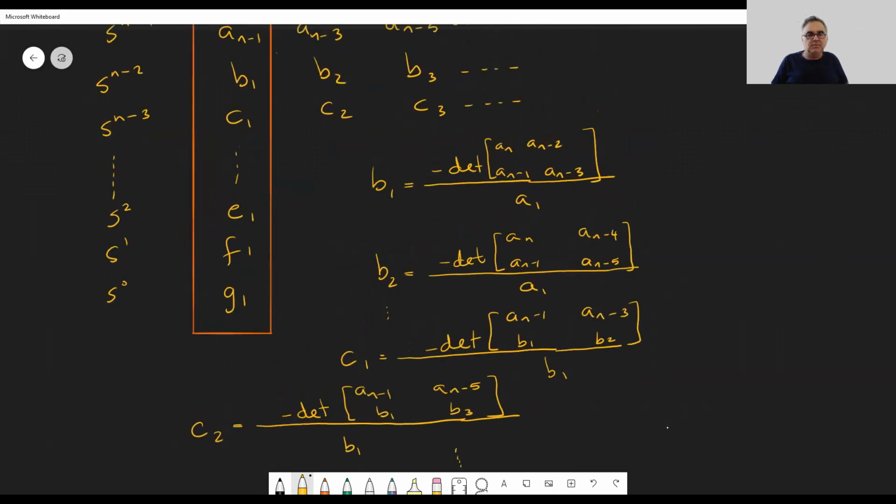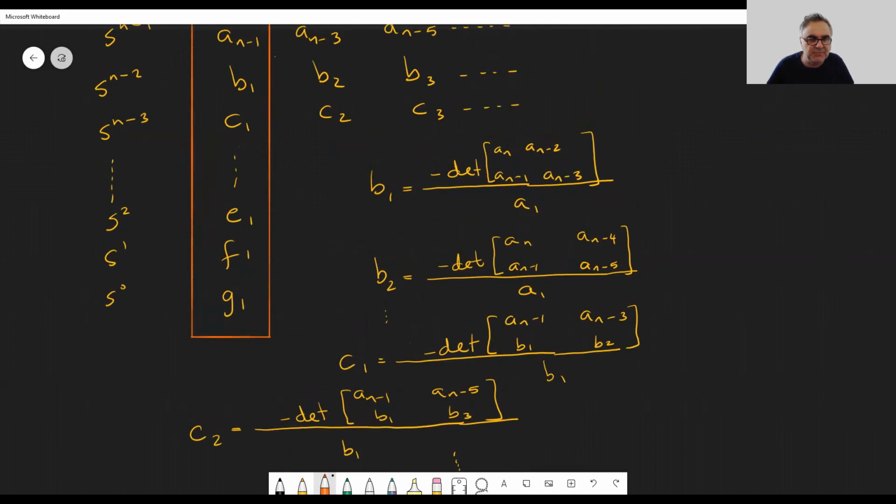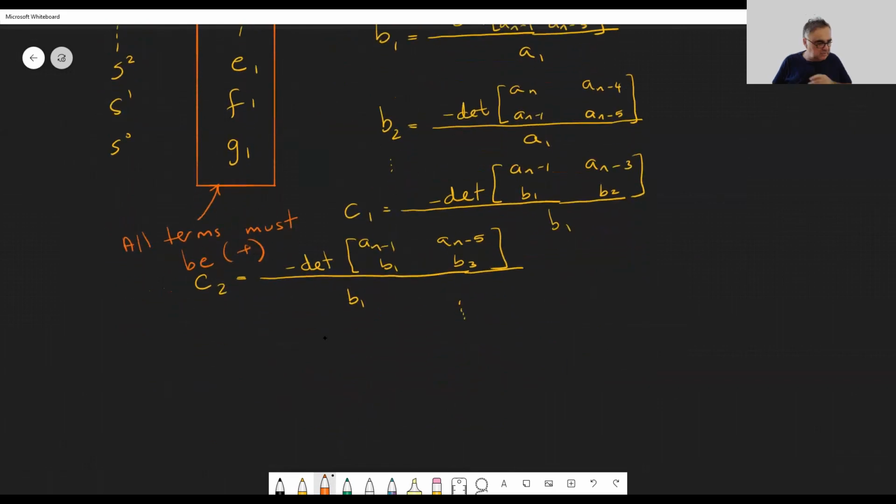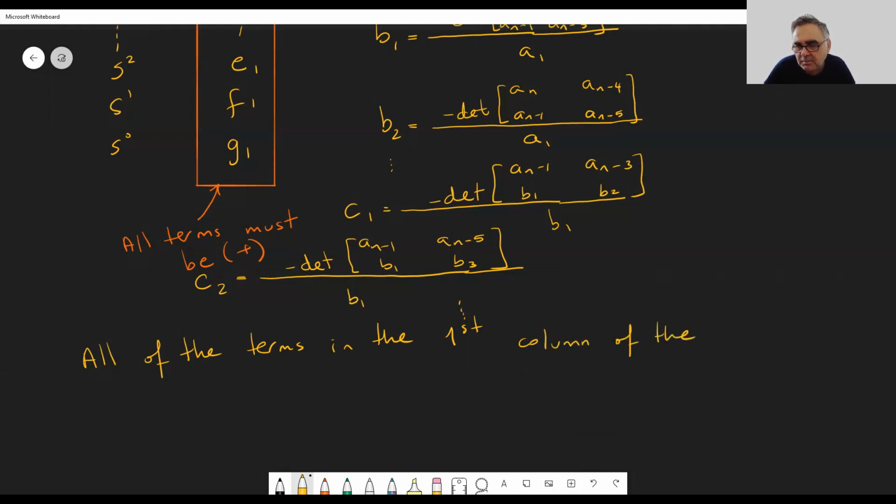Now, I hope you get the logic. The important thing here is that for stability, the necessary and sufficient condition for stability is that all terms in the first column of the root array must be positive.